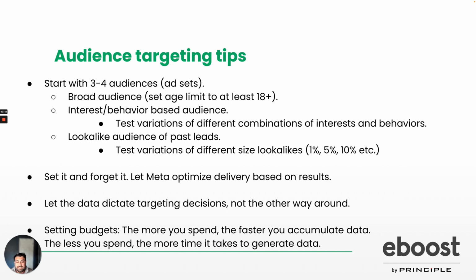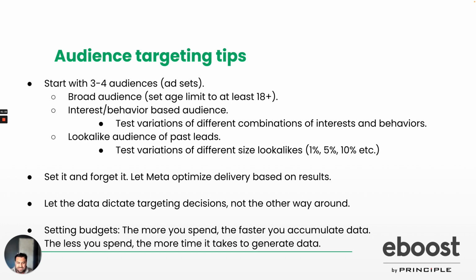Let your data dictate your targeting decisions, not the other way around. So follow the data. Don't follow your own intuition. If the data is telling you that this audience or these types of ads are performing better, the data is not lying. So keep producing more variations of that ad, or keep exploring more audiences like that.